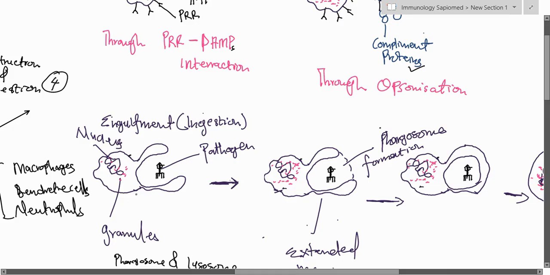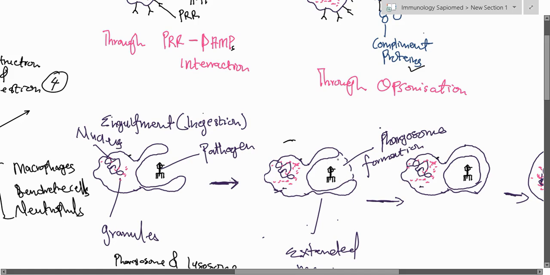The immune cell wants to engulf the pathogen, but first of all, it has to extend its cell membrane to surround the pathogen. Now, this is the next process. You could see here that there is formation of a phagosome. The main purpose of the engulfment is to form a phagosome.